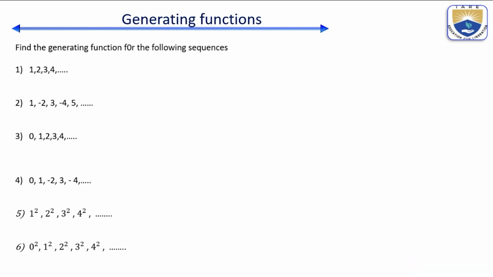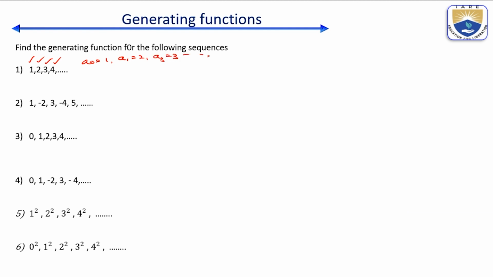Now suppose some sequences are given and we are going to find the generating function for them. Here this is A0, this is A1, this is A2, this is A3. It is given as A0 equals 1, A1 as 2, A2 as 3, like this.